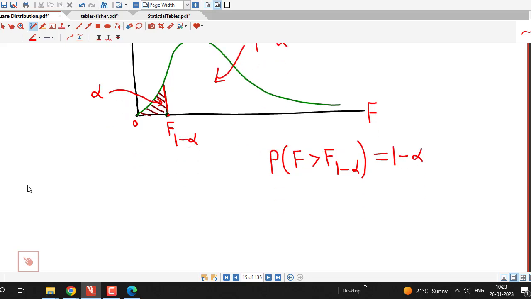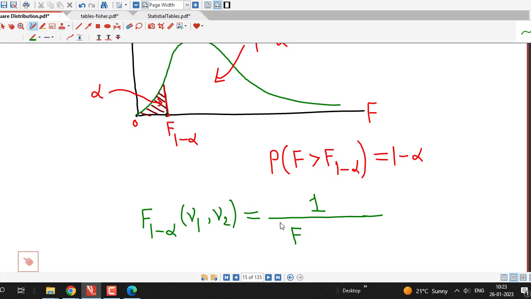Now how do we find this critical value which corresponds to this point f suffix 1 minus alpha for nu1 degrees of freedom and nu2 degrees of freedom? For this type of left tail probabilities we will use this identity. We will find it as the reciprocal of a critical value.